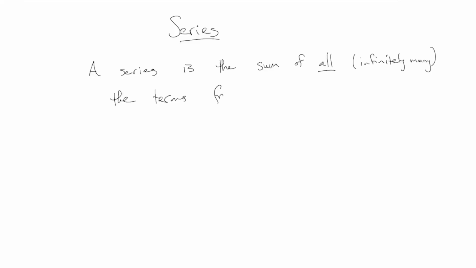Anyway, what's a series? So this is not a synonym for the word sequence. A sequence is a list of numbers one after another. A series is what you get when you add all of those numbers up. So a series is the sum of all the terms, and this means like infinitely many, the sum of all the terms from a sequence.